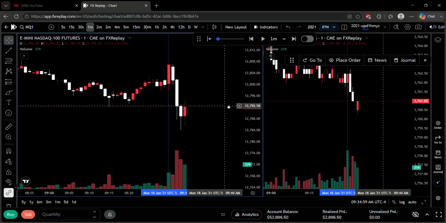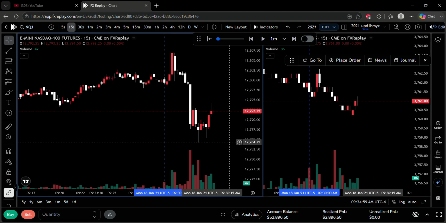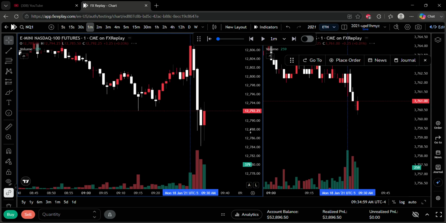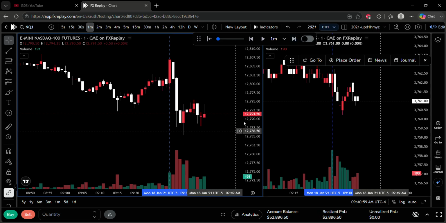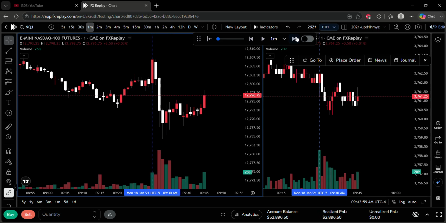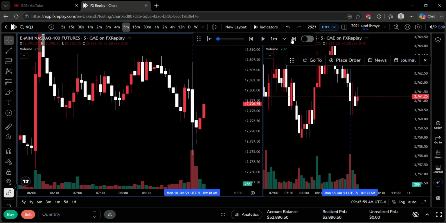Let's see if we get a Judas swing here. Maybe a resweep. What are we in? We have a 5-minute gap here.